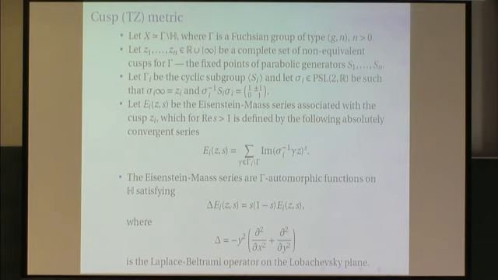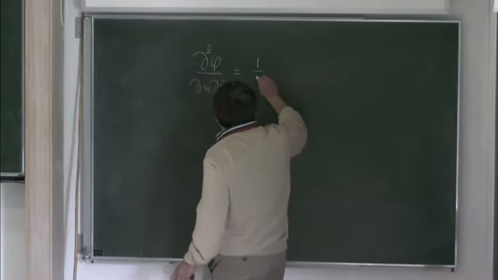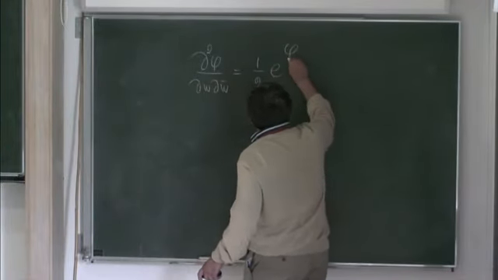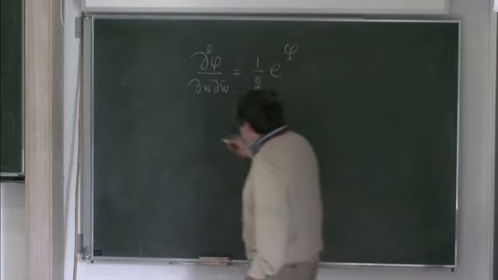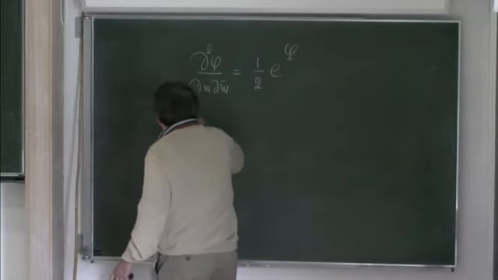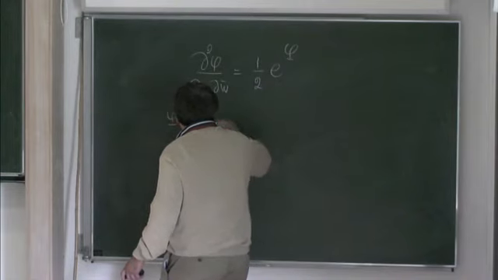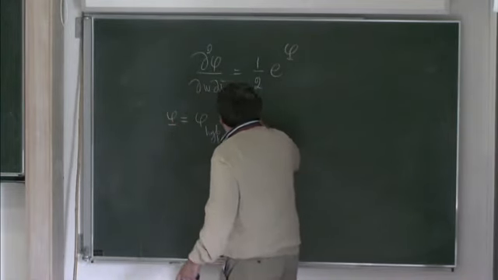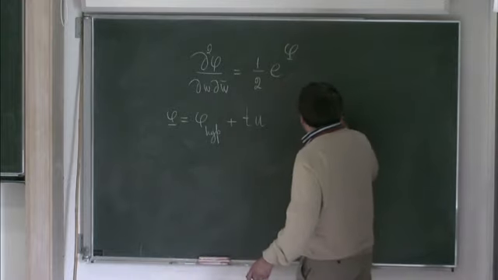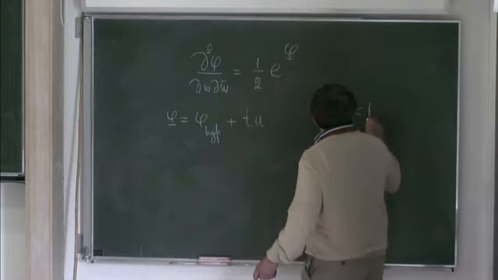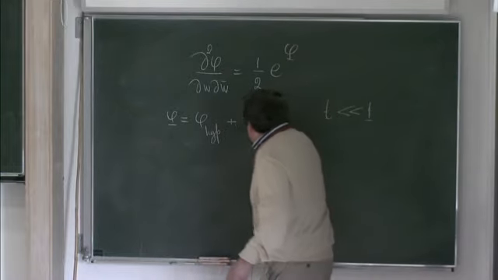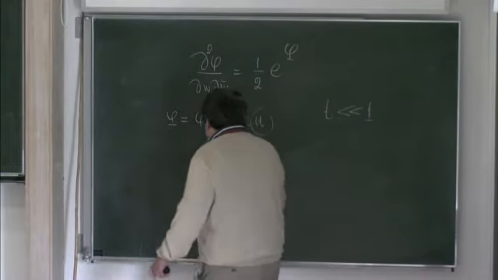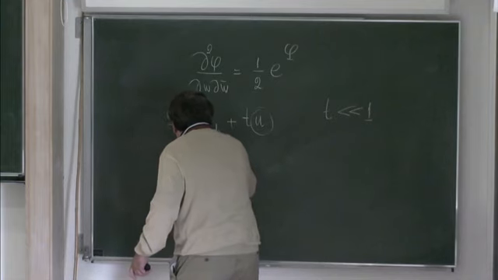If you write the Liouville equation, and then represent phi in this form: the classical solution plus t times something small. Suppose t is rather small. Then this linear term will satisfy the following equation.